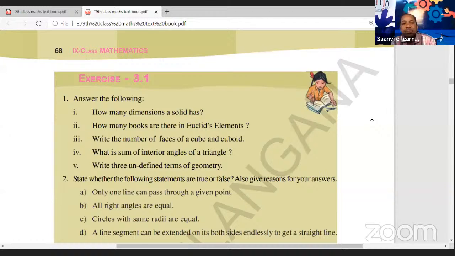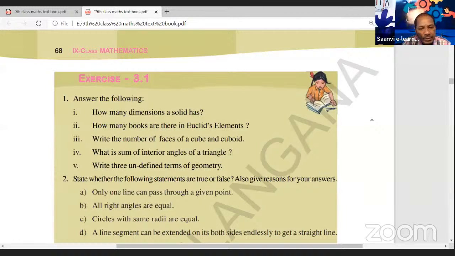Open exercise 3.1. See the first question, the first bit is given. Answer the following. Some questions are given. Based on what we have discussed till now, some questions are there here. So all of you see carefully and listen.